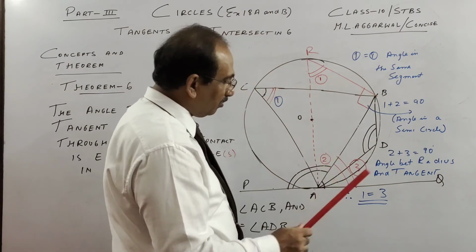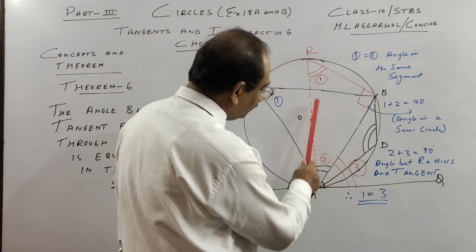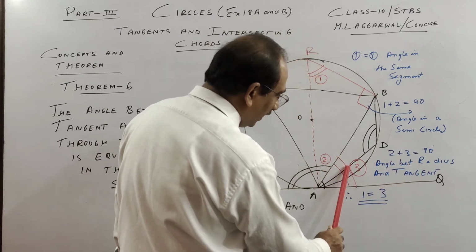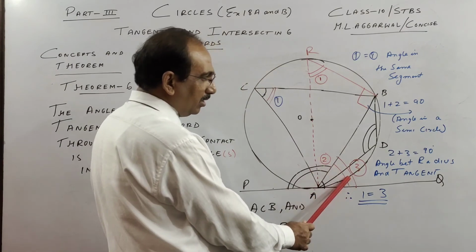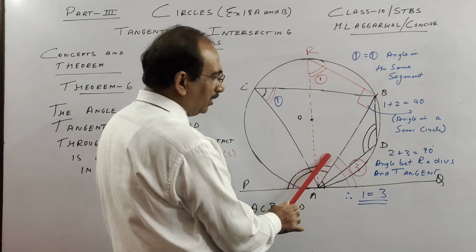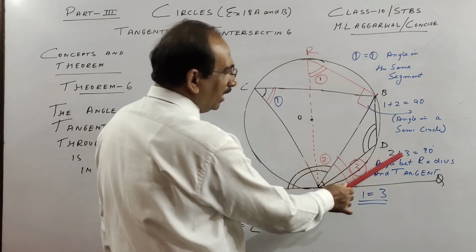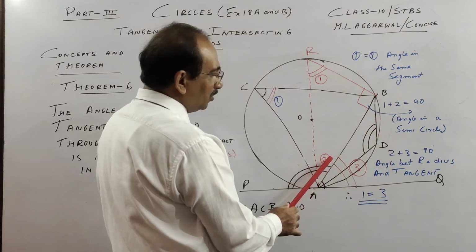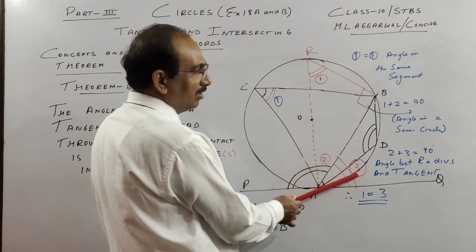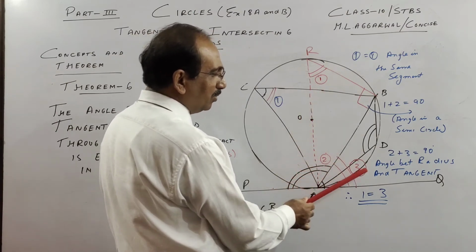So we know the first theorem of today: the angle between the radius and the tangent of the circle is 90 degrees. So 2 and 3 is also 90 degrees. So see here, 1 and 2 is 90, 2 and 3 is 90. You subtract 2 from both. So this angle you leave out, and this will be equal to this. This plus this is 90, this plus this is 90.